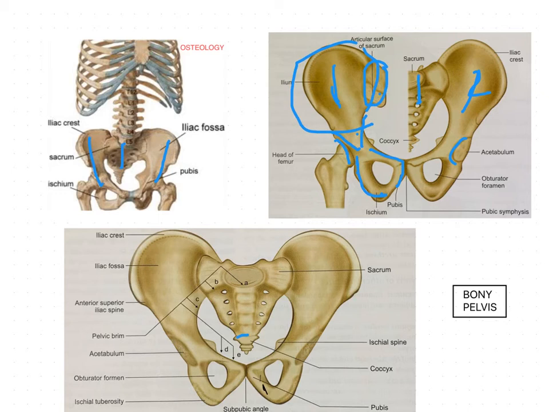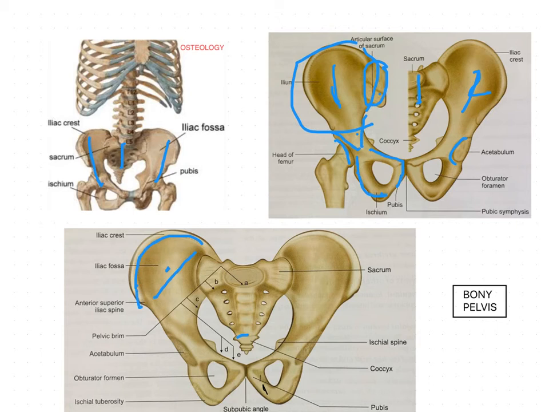Coming to this hip bone, it has an expanded part. This is called the ilium, and it has a depression on the medial surface, which is called the iliac fossa. Over this ilium a crest-like structure is present called the iliac crest, and to this iliac crest there is a spine-like structure anteriorly as well as posteriorly.